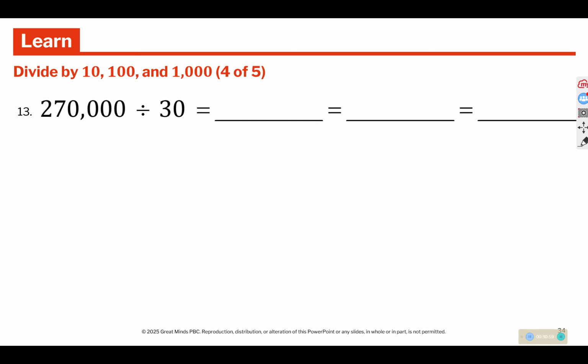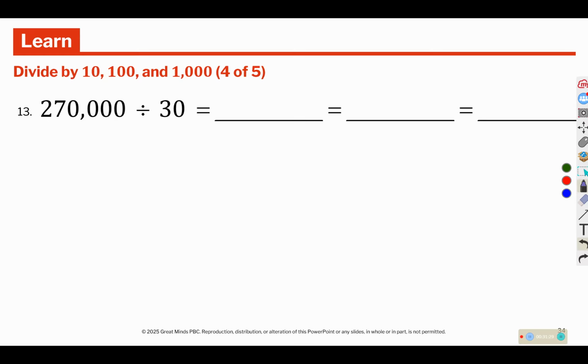Here in problem 13, we have 270,000 divided by 30. Is this similar or different from 270,000 divided by 10? Well, 270,000 is the same, but now we're dividing by 30, not 10.